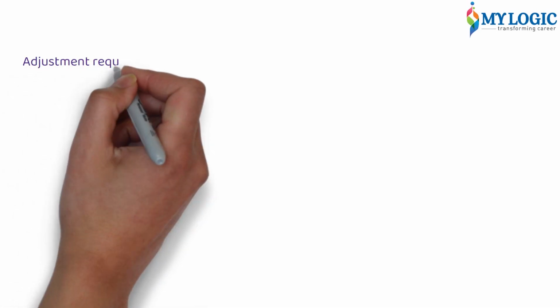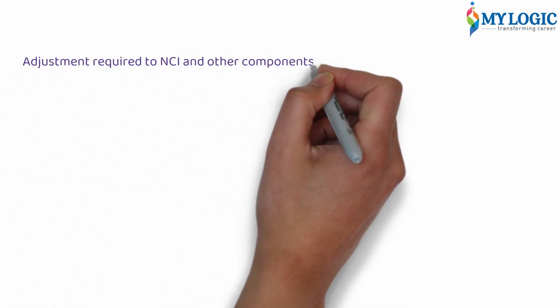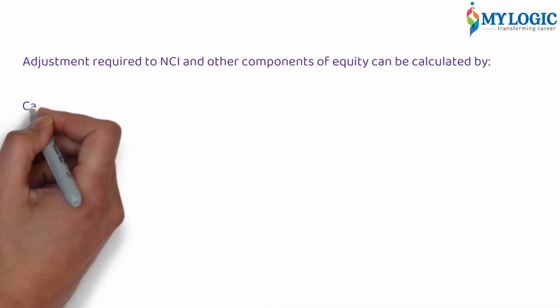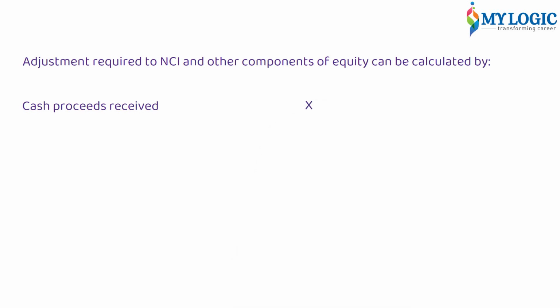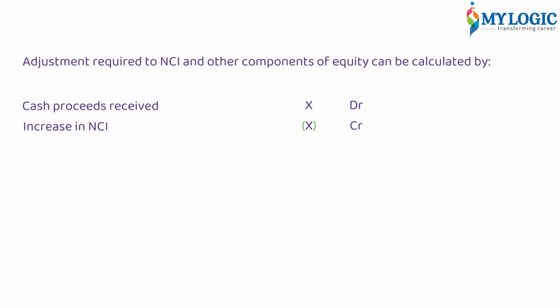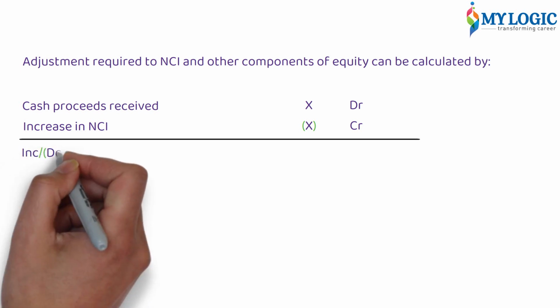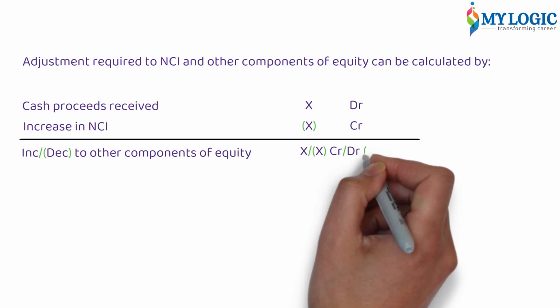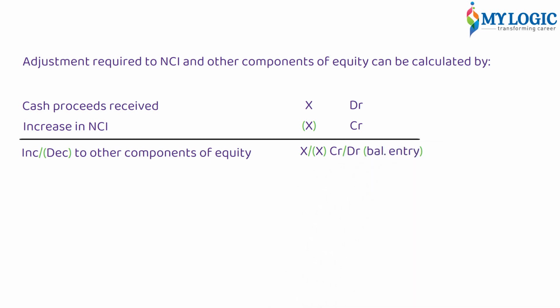Adjustment required to NCI and other components of equity can be calculated by: cash proceeds received, debit; increase in NCI, credit; increase or decrease to other components of equity, credit or debit, balancing entry.